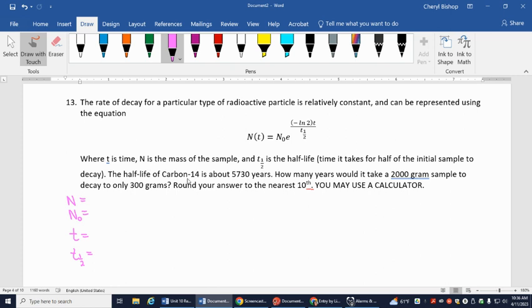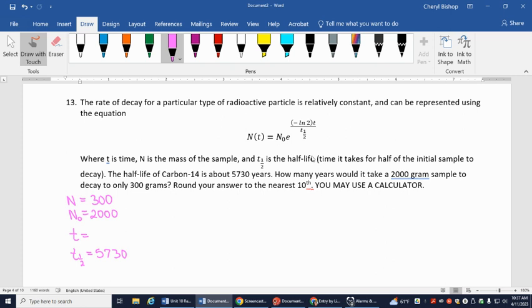So when I read the half-life of carbon-14 is about 5,730 years. So they already gave me this one, 5,730 years. How many years would it take a 2,000 gram sample, so that means that's where I'm starting, to decay to only 300 grams? All I'm looking for is T.